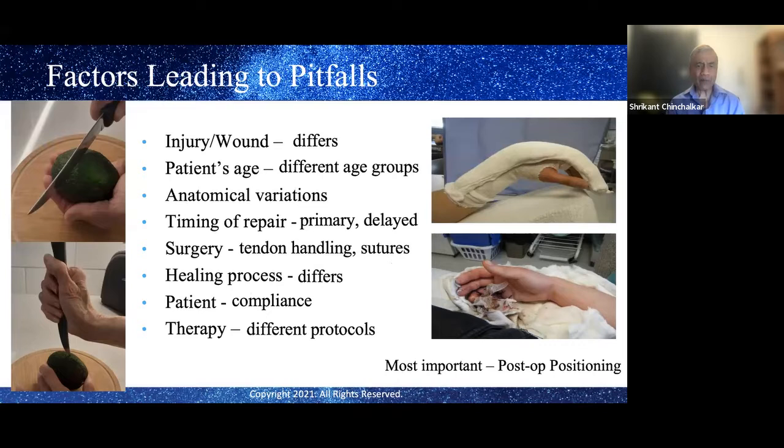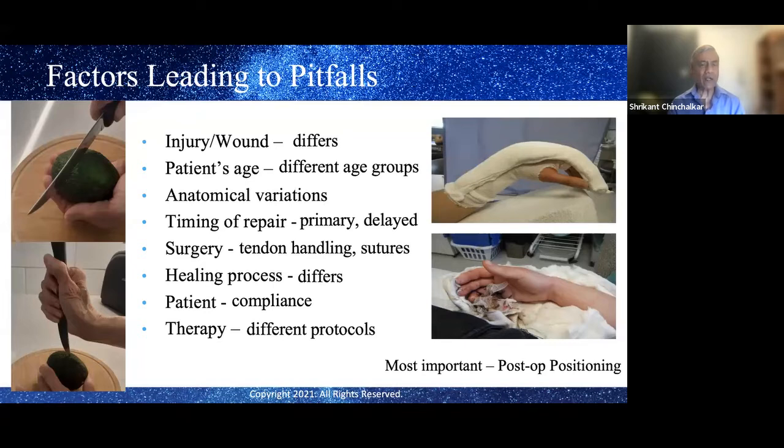For example, I'm from Asia, from India, so I'm likely to produce keloids and massive scars. As compared to somebody of African descent or African ethnic background, who are likely to produce much heavier scars than me, as compared to a Caucasian. So the healing process definitely differs in every individual.